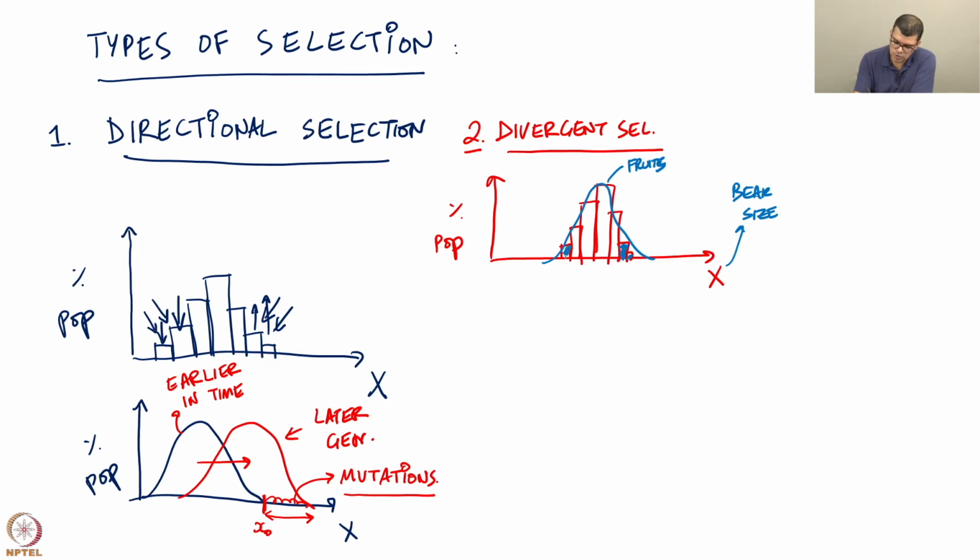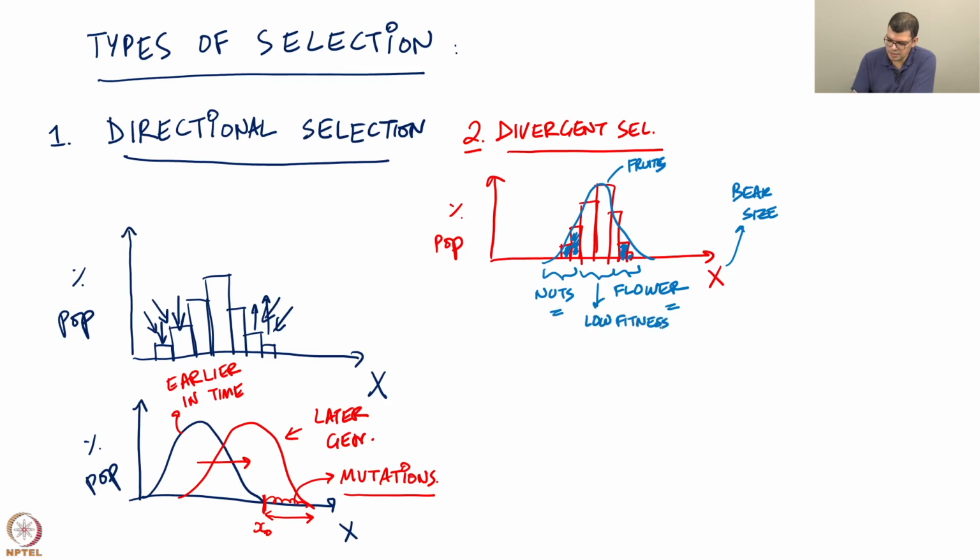So, these individuals are fit when it comes to consuming. So, these individuals can grow on nuts, these individuals can grow on flower nectar. This intermediate is neither fit enough to eat this nor fit enough to eat this. So, this is low fitness.